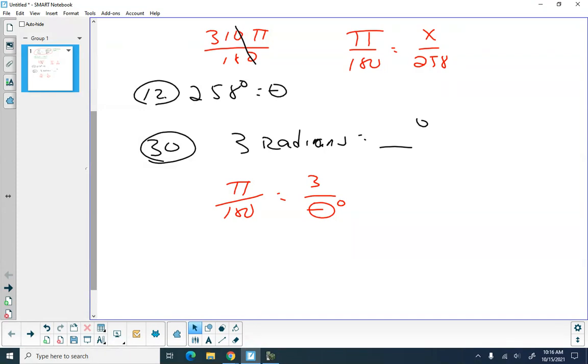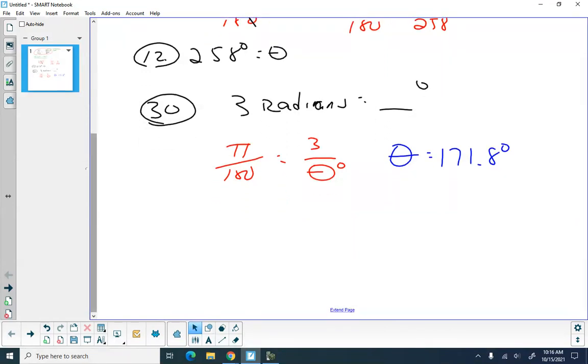Then we hit enter. How many degrees, Abby? 171.8 degrees.